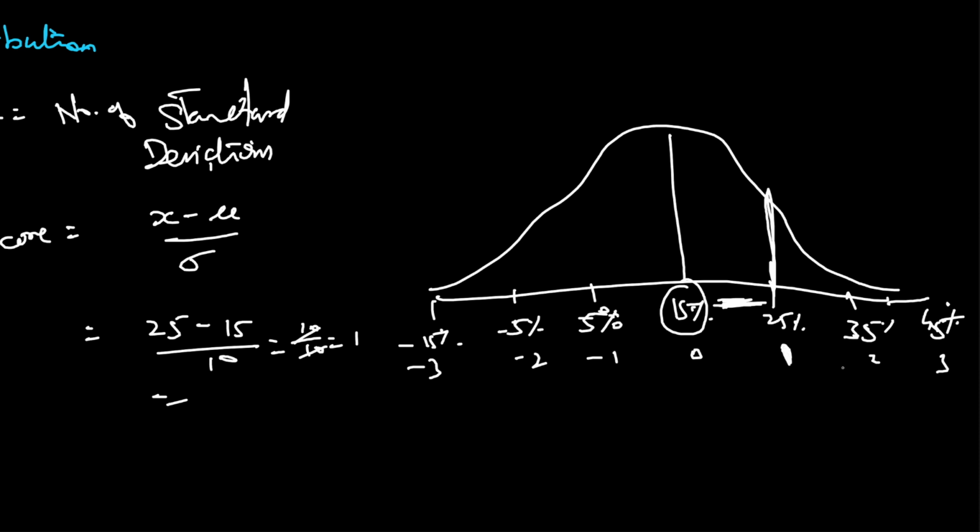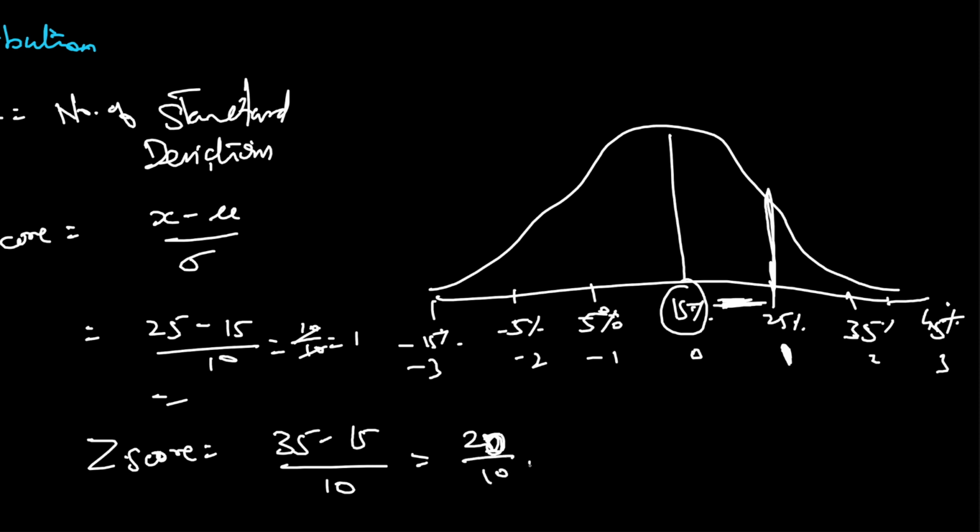Similarly for 35, the Z score will be 35 minus 15 divided by standard deviation 10. So 35 minus 15 is 20, divided by 10 equal to 2. So the Z score is 2 here.